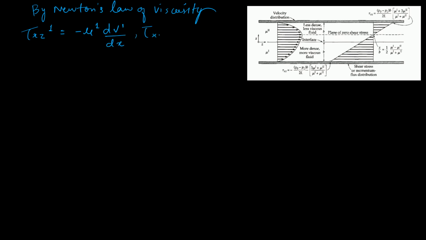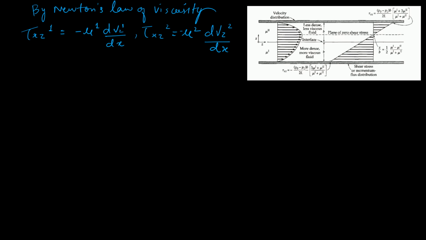By Newton's law of viscosity, we have tau xz1 equals minus mu1 dvz1 upon dx, and tau xz2 equals minus mu2 dvz2 upon dx.